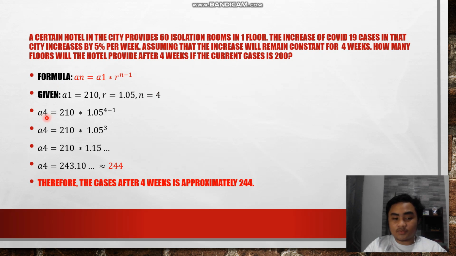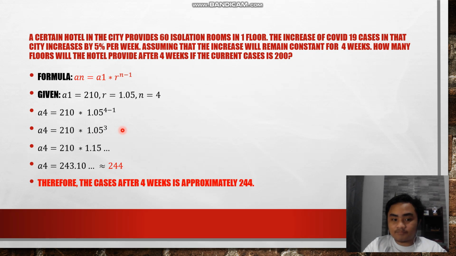So substitute. We have A sub 4 is equal to 210 times 1.05 raised to the power of 4 minus 1. Simplify, so A sub 4 is equal to 210 times 1.05 raised to the power of 3. Simplify, A sub 4 is equal to 210 times 1.15. Use your calculator. Take note, don't erase what is on your calculator after entering 1.05 raised to the power of 3.